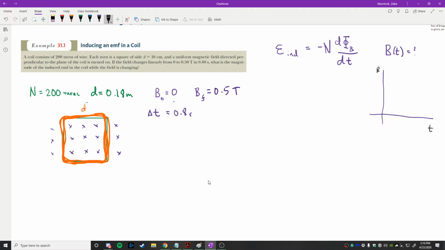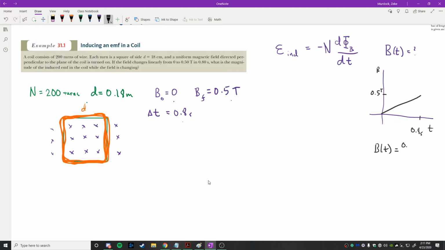It goes from 0 to 0.5 in 0.8 seconds. What would that look like on a graph? Positive slope, right? It's going to do something like that. We know what the values are going to be here and here: this is going to be 0.8 seconds, and this is going to be 0.5 Tesla. So I could say that the magnetic field as a function of time is basically equal to the slope, which would be rise over run.